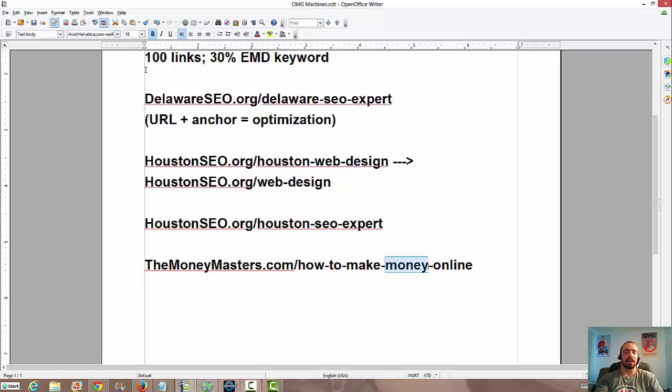Now you could use cash here, but I don't think that sounds right, and I think money is more natural. But it's okay to repeat this one because it's such a big keyword and it's only one of the keywords you're repeating, okay?